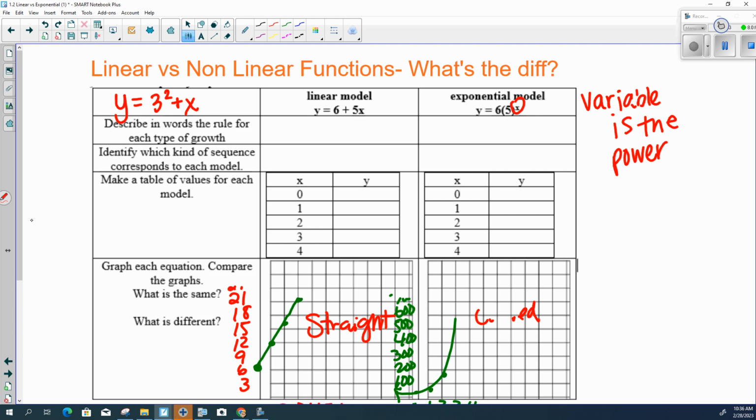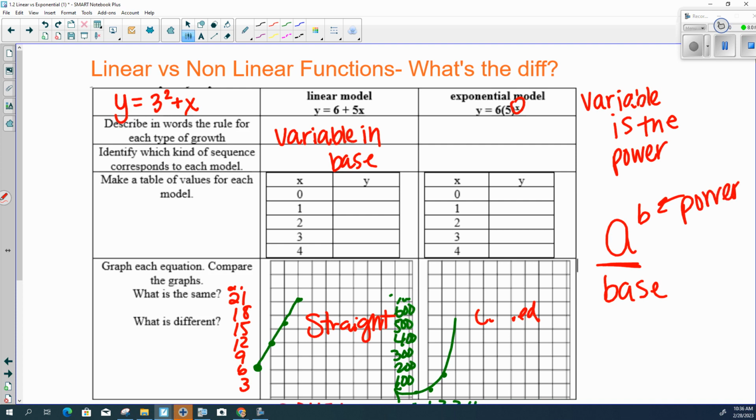In the linear model, the variable is in the base. Now, if you're unfamiliar with those vocabulary words, when we learned about exponents, we do something like this, and we say this is the base of the exponent, this is the power of the exponent. The whole thing is called an exponent. We use the terminology incorrectly a lot.